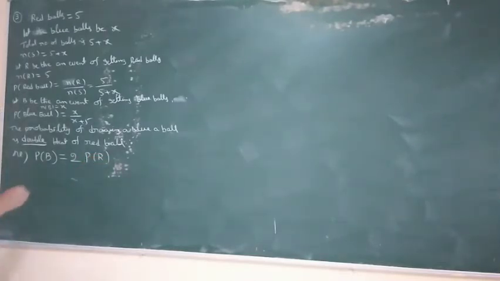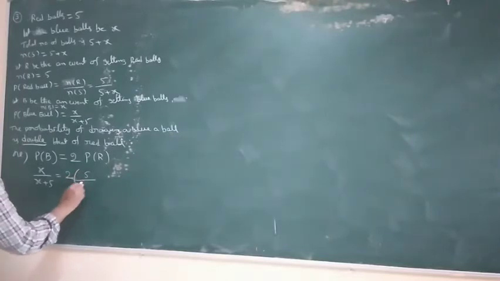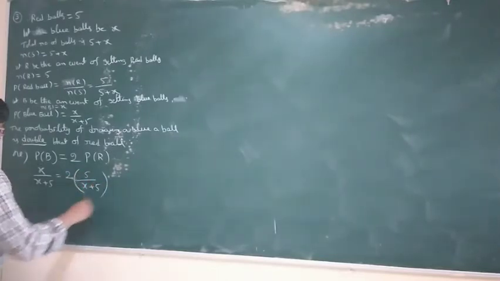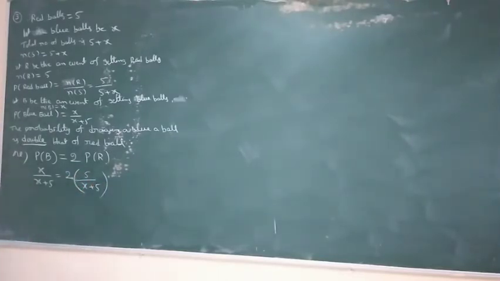Probability of blue ball is x by x plus 5, is equal to 2 into probability of red ball, 5 by x plus 5. So x by x plus 5 is equal to 10 by x plus 5.